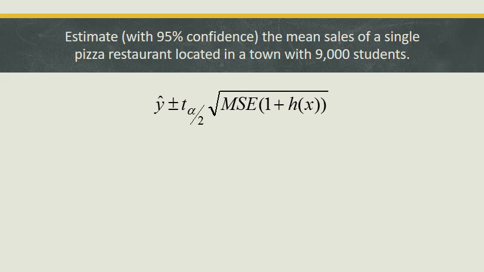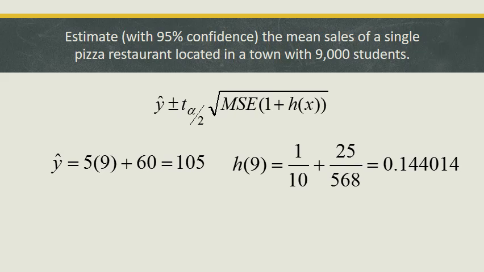Anyway, to begin this example, we need to find the predicted value of y from the best fit line and the leverage when x is equal to 9. Plugging in x equals 9, we get a y hat equal to 105 and a leverage of 0.144. Let's plug these numbers into the formula.